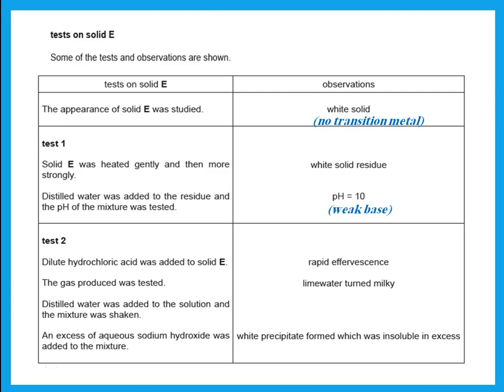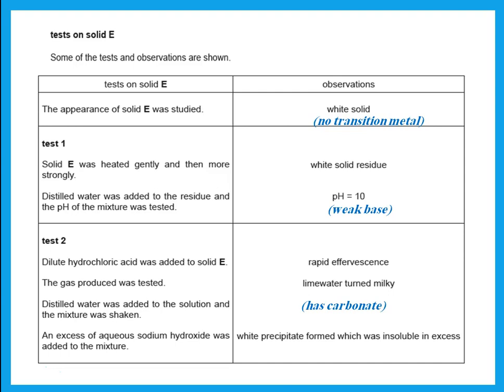Of course, pH 10 just tells you that it is a weak base. Dilute hydrochloric acid was added. Again, it gave rapid effervescence. Lime water turned milky. Remember, if I add acid to something and it gives effervescence and the gas turns lime water milky, then we know that this is test for carbonate and the gas given off is carbon dioxide.